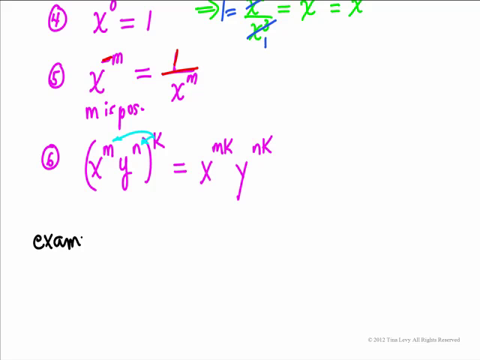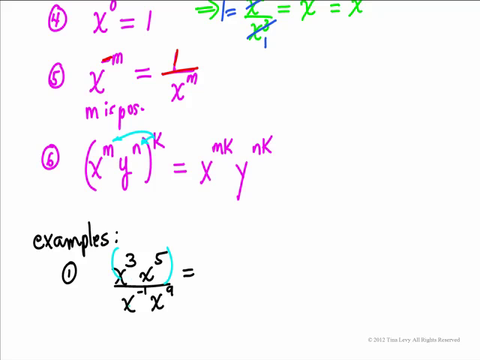So first example, let's say you had x cubed, x to the 5th divided by x to the negative 1, x to the 9th. For a problem like this, you can think of numerator and denominator as if they were in parentheses. So our first step is we have x cubed, x to the 5th.